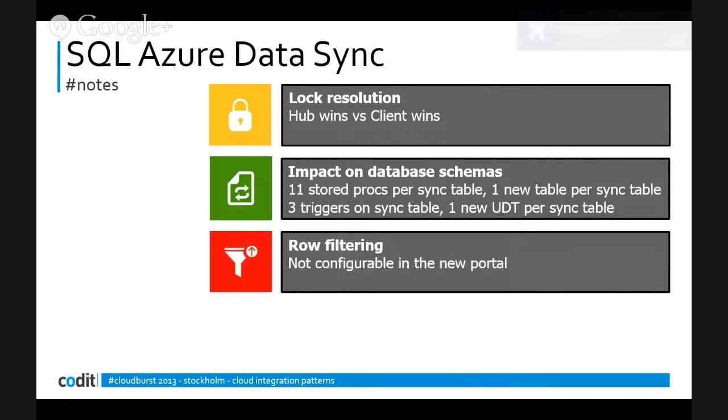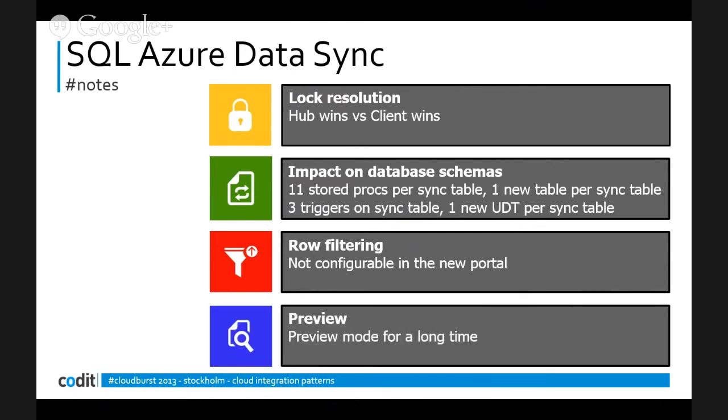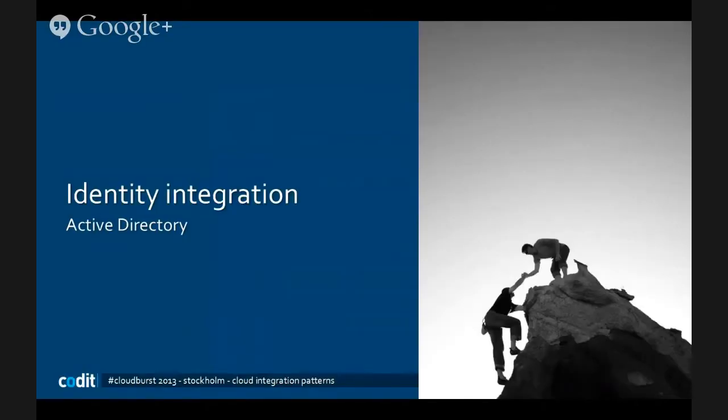So it's important to know that. Row filtering was there, so you could say only the customers that are e-commerce enabled should be synchronized, so filtering on fields. Last time I checked, it's not configurable in the new portal, so in the past it was. And that's the biggest pain point with it so far. It's still a preview service, and it's been there from the beginning, and it's still in preview, so it's not, let's say, the one that I would recommend for real production scenarios now.